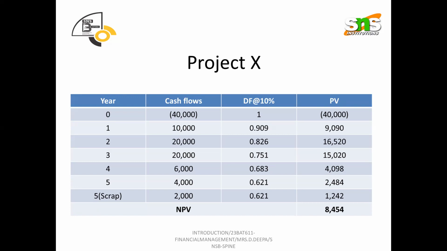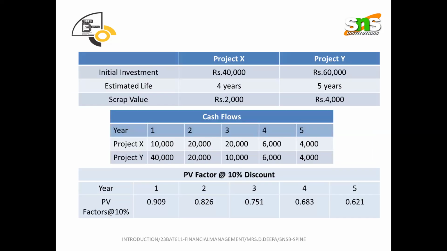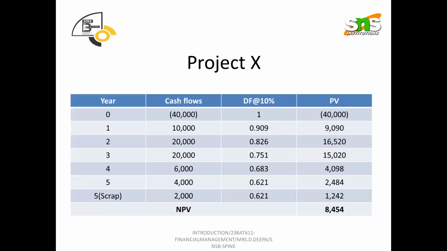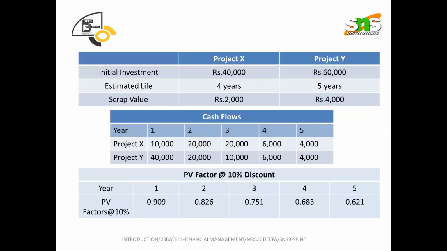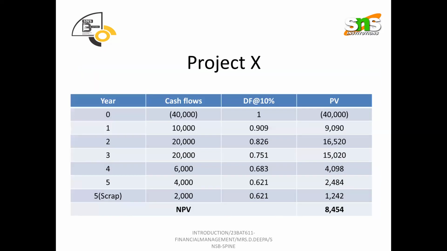For year 0 alone it is 1. For all the rest, values are given. Apply all the different values. Even if this data is not given in your question, don't worry, you need to calculate it: 1 divided by (1 plus R) power 1 for the first year, power 2 for the second year, power 3 for the third year. The same way you need to do it.